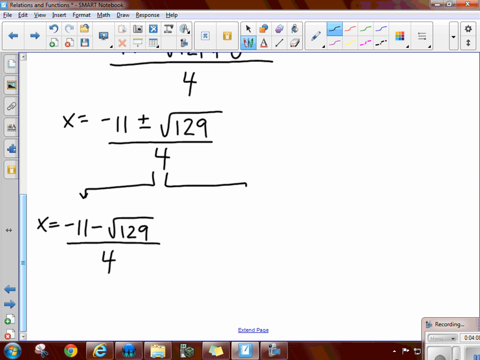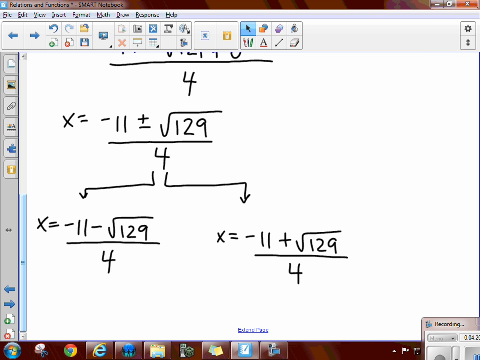And then there's also one where x equals -11 plus the square root of 129 all over 4. So what this is actually saying, when we look back in our equation, here's a sign that you may or may not have come across before. Plus or minus, it's just a way to write a formula more concisely. We're saying we have to subtract on one side and add on the other. So we have two x-intercepts.